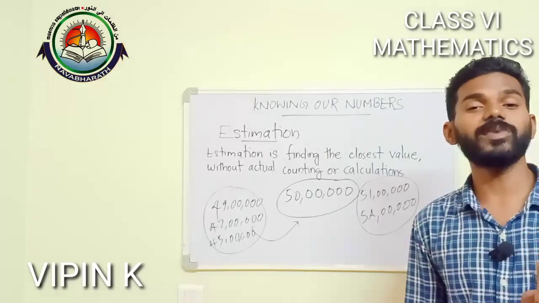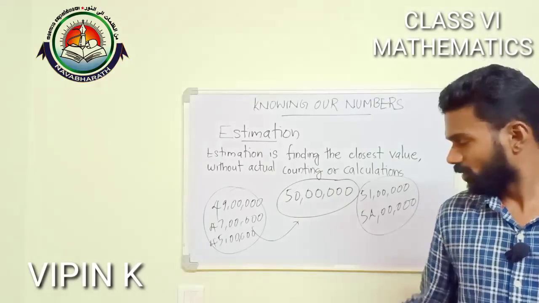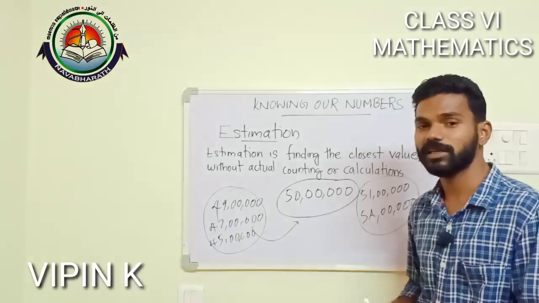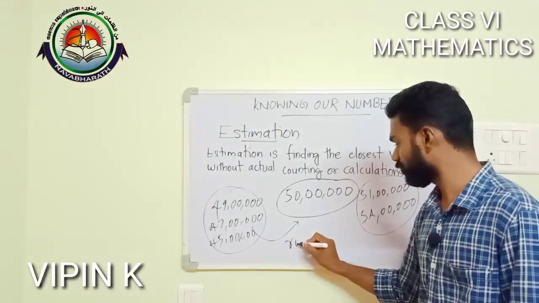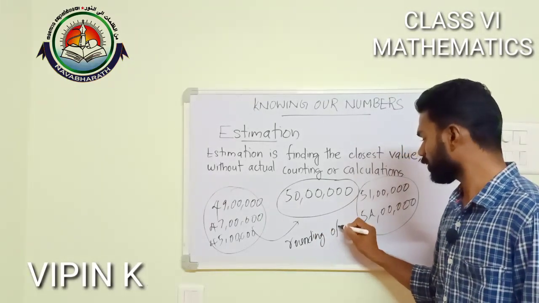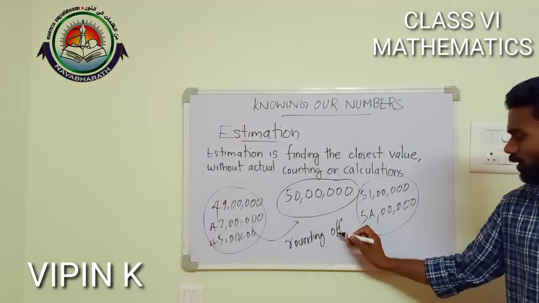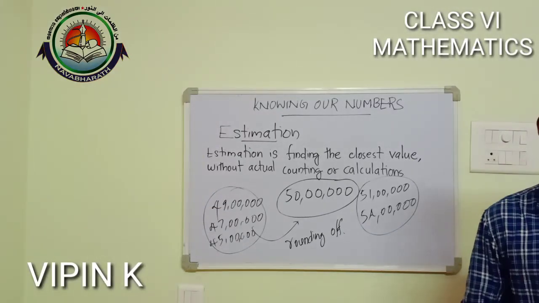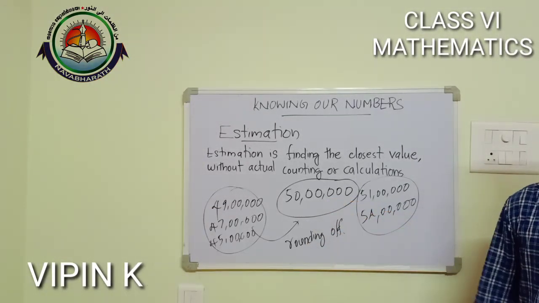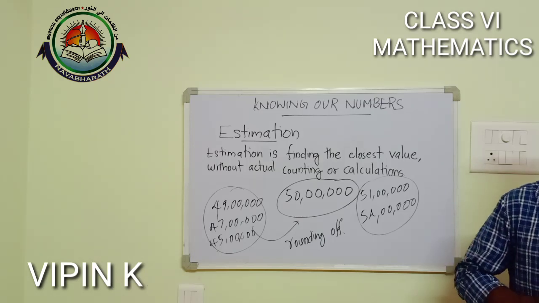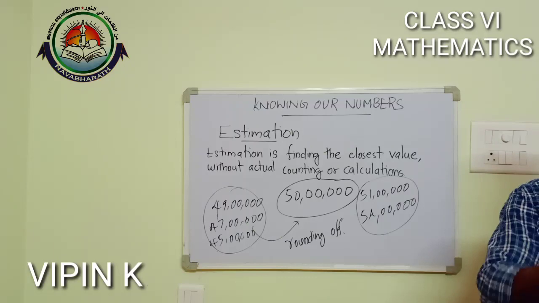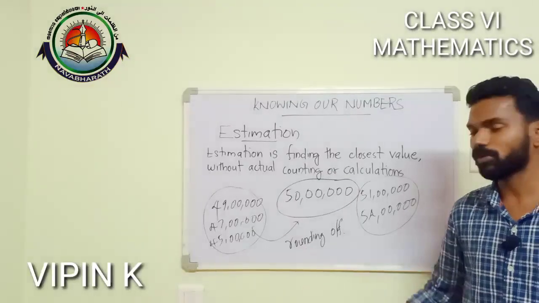Yes, estimation is done with the help of a process called rounding off. So rounding off is the process that helps to have an estimated value in mathematics. Clear? So for estimation, we must have an idea about rounding off.